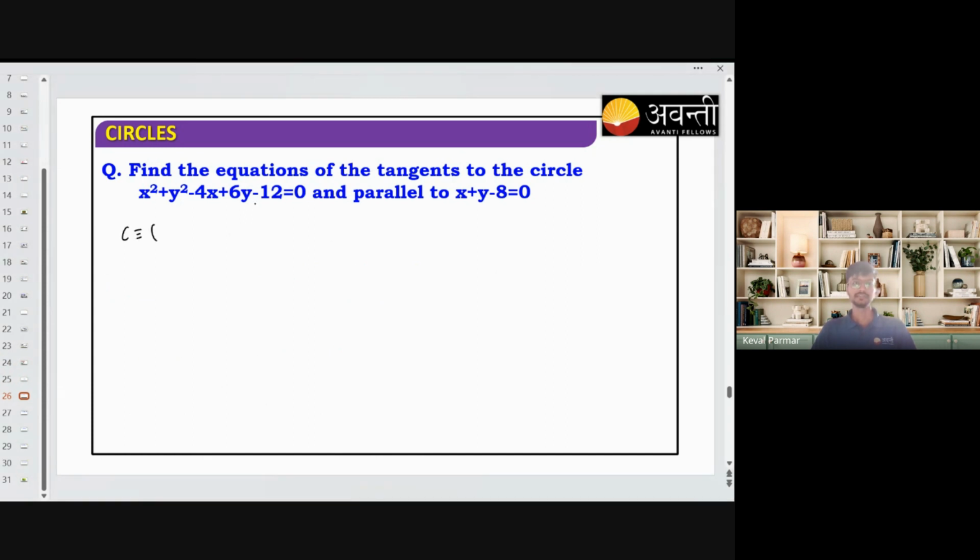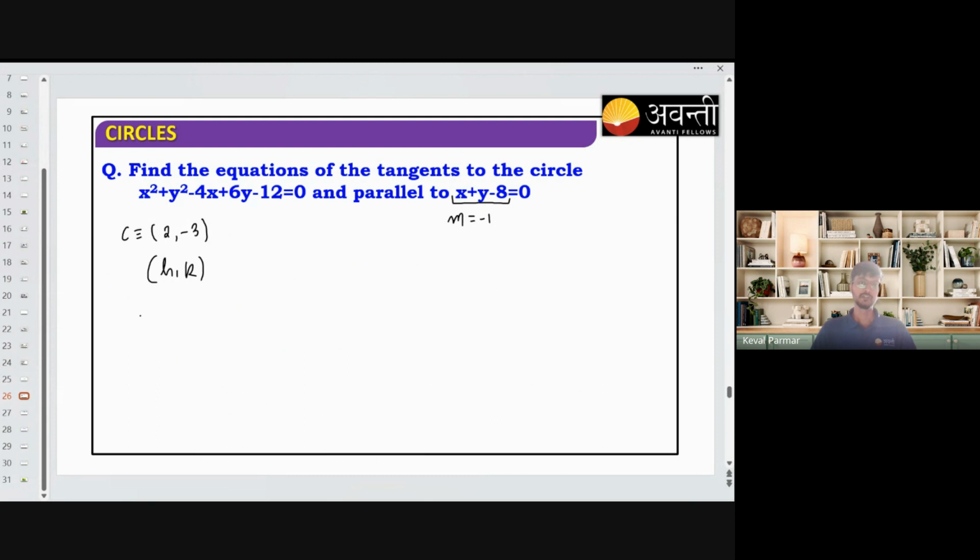See the x and y coefficients, divide by 2 and change the sign, which we mark as h comma k. And the tangent is parallel to this line. Now, please understand, if two lines are parallel, then the slopes are equal. So, what is the slope of tangent here? Which is m. The slope of tangent is -1. I hope you know how to find the slope of tangent from the equation of line. So, slope of tangent is -1 and this is h comma k.